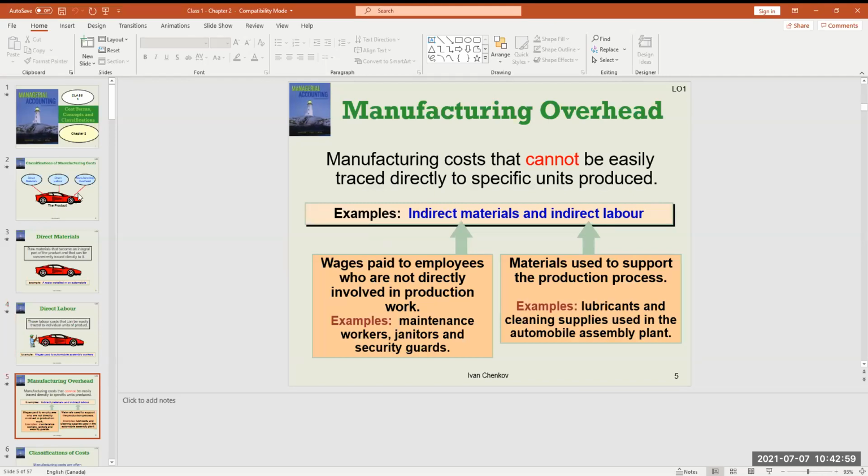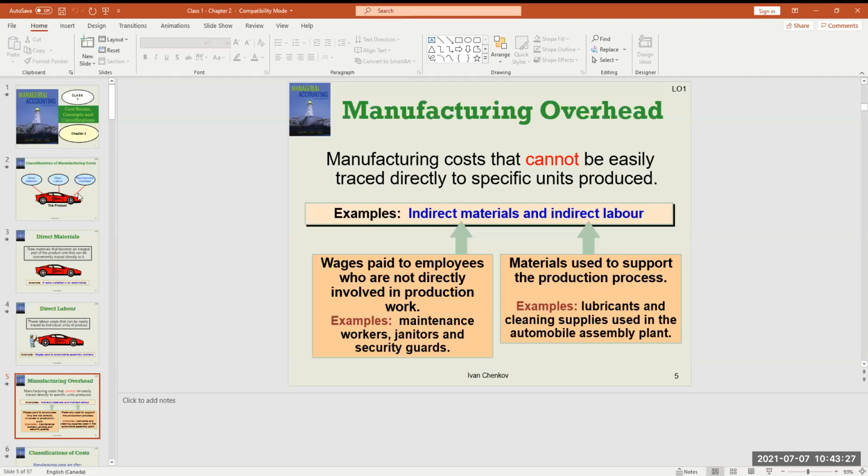The last thing is manufacturing overhead. What does manufacturing overhead include? That includes any indirect material that cannot be easily traced to the product, any indirect labor that cannot be easily traced again to the product, and any other common cost which cannot be easily traced and allocated to every single product, but still exists.